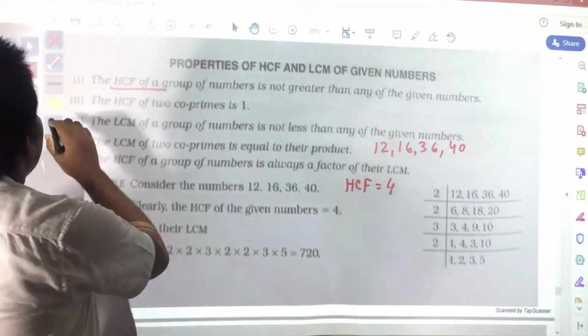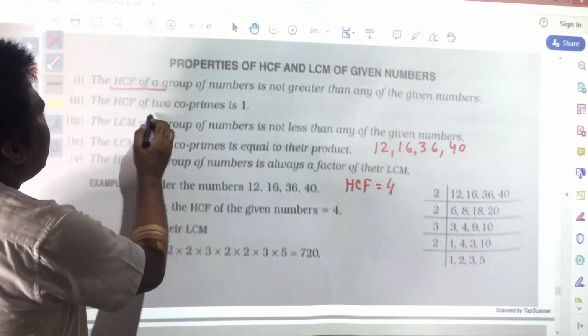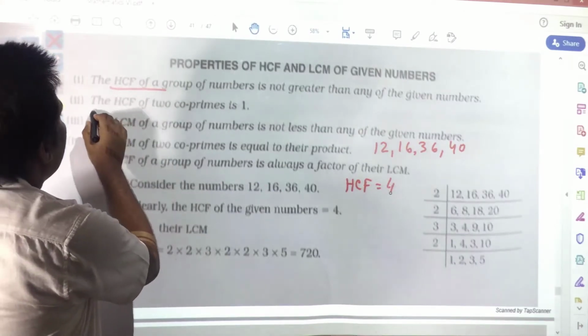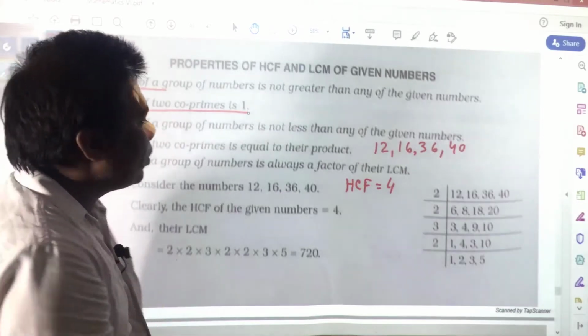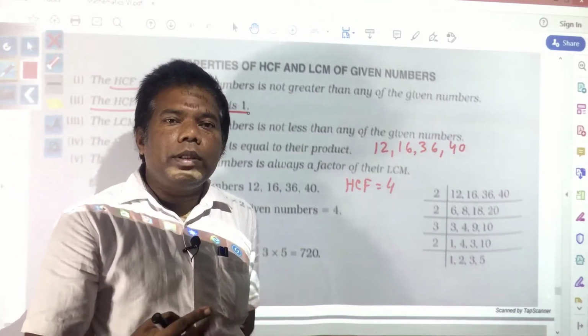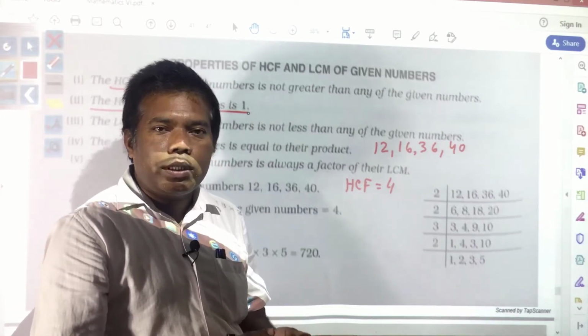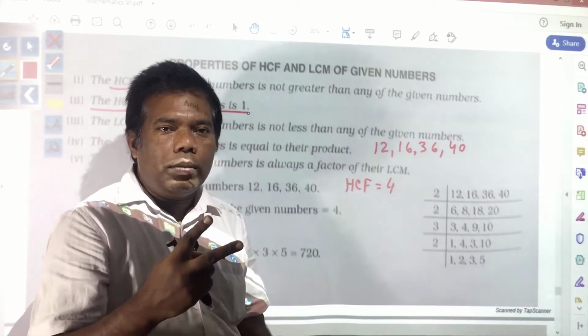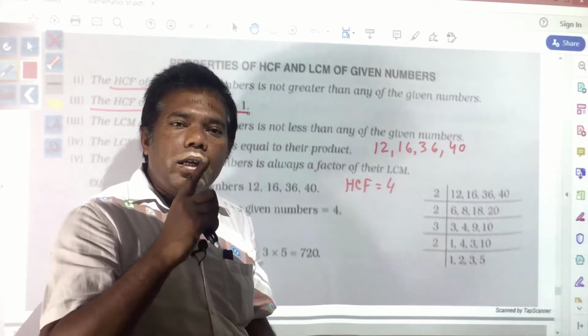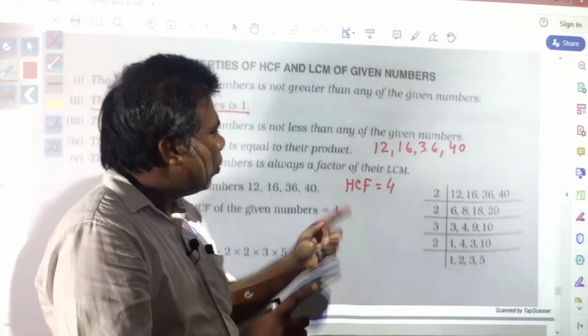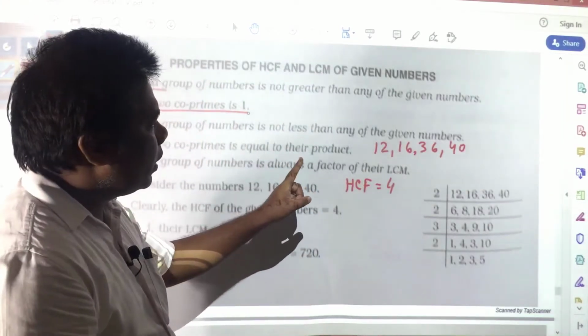The second property is that the HCF of two co-primes is 1. You already know co-primes: any two numbers, whether prime and prime, prime and composite, or composite and composite, which have only one as a common factor.